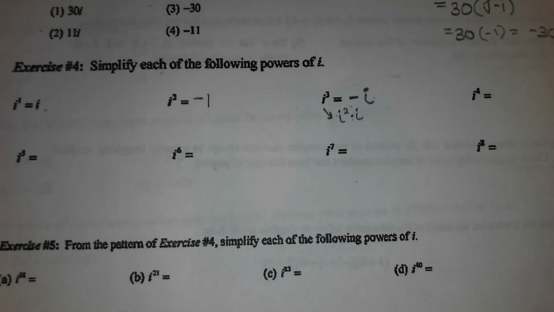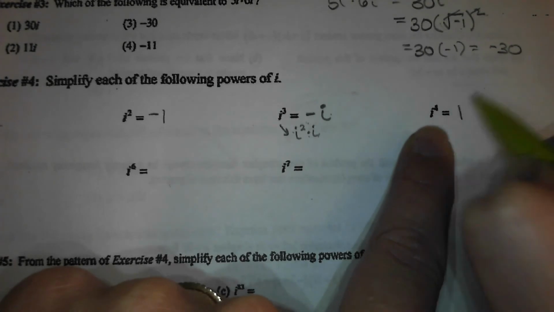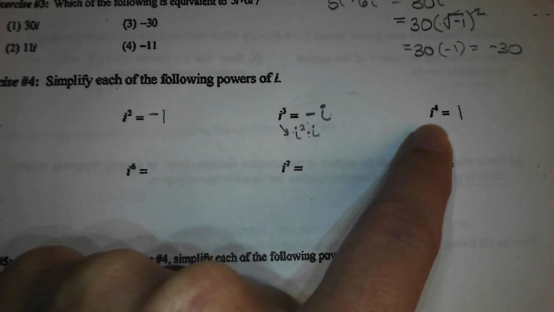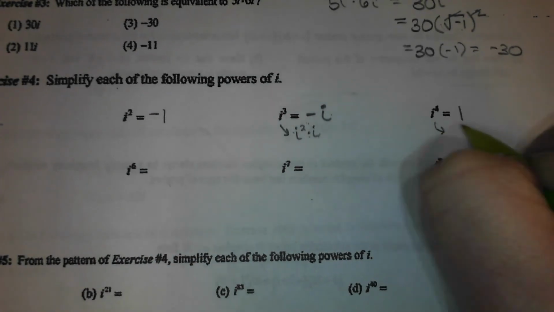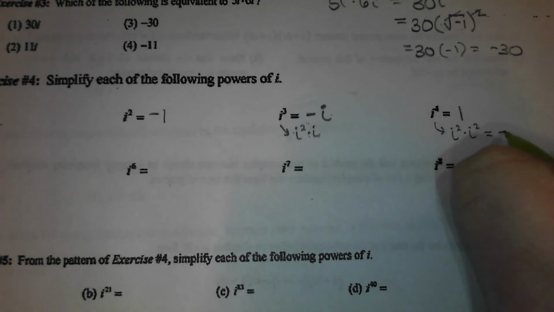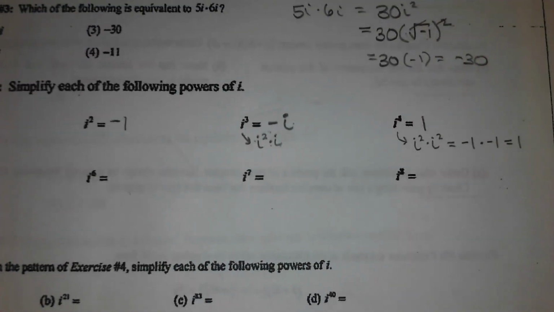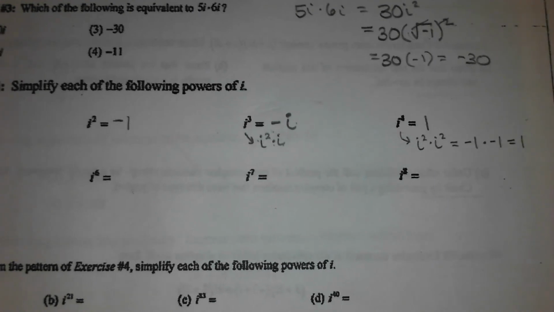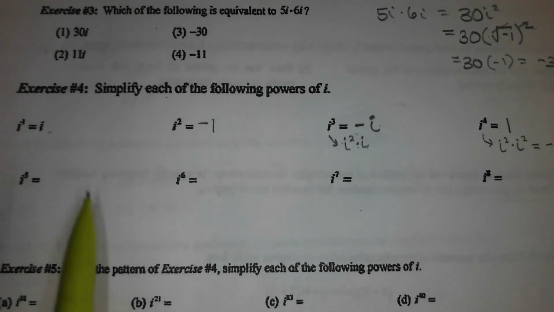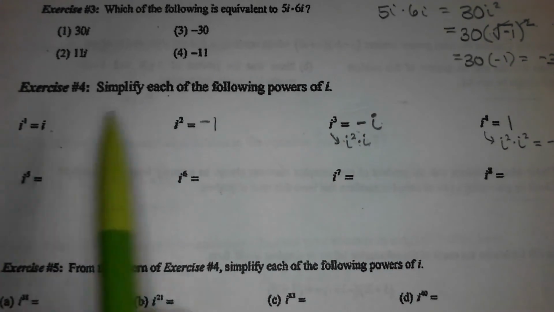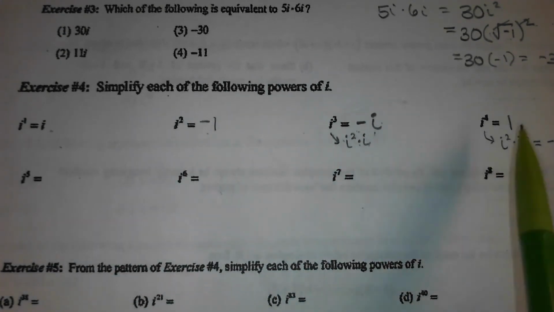Everyone see that? And i to the 4th, I'll tell you first, is just +1. And the reason for that is because i to the 4th is i squared times i squared, which is -1 times -1, which is 1. And then the cycle continues, and it's just going to go through this same rotation from i to -1 to -i to 1.